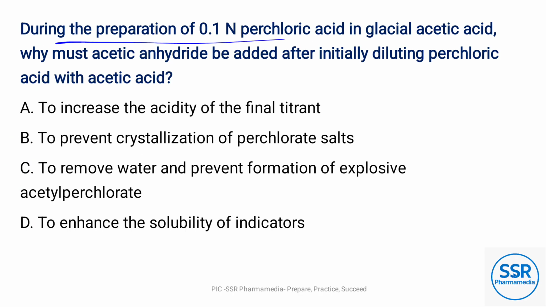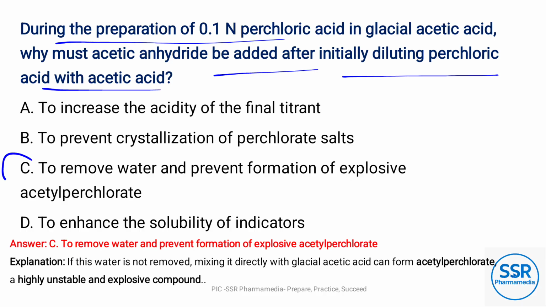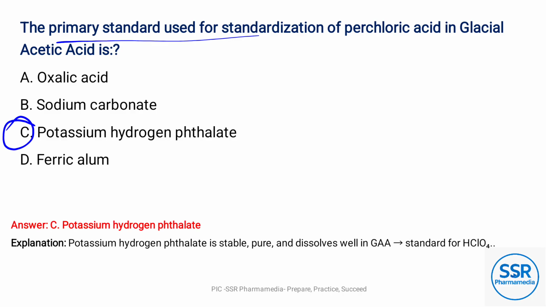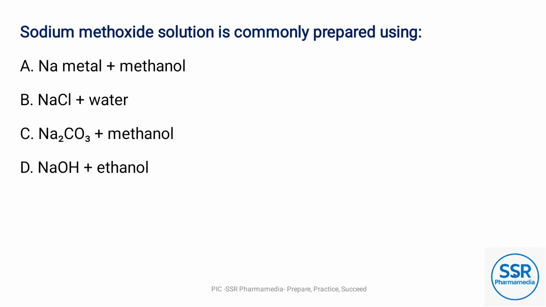During the preparation of 0.1N perchloric acid in glacial acetic acid, acetic anhydride is added after initial dilution of perchloric acid with glacial acetic acid. Why? Option C, to remove water and prevent formation of explosive acetyl perchlorate. The primary standard used for standardization of perchloric acid in glacial acetic acid is option C, potassium hydrogen phthalate.